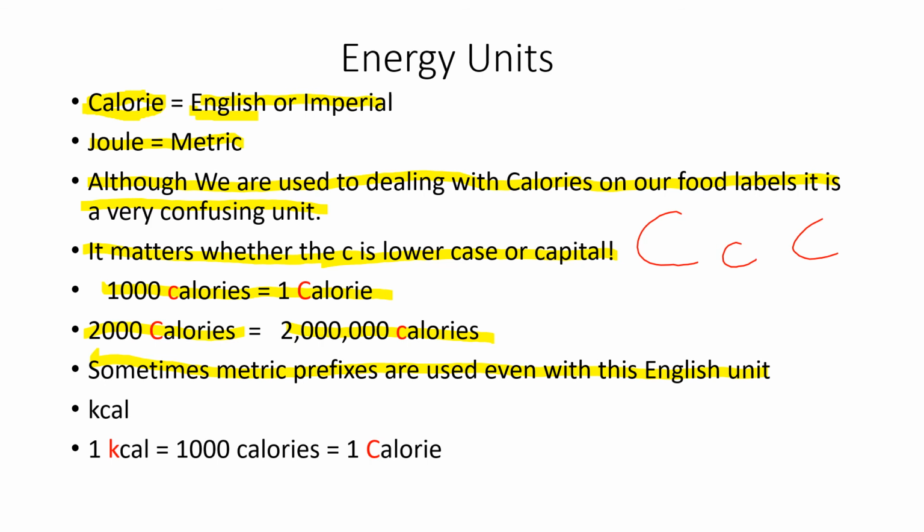The idea of a kcal, a kilocalorie. These are little c calories. So the same thing. 1 kcal is really 1,000 little c calories, which is the same as 1 big C calorie. So again, we're not going to do any conversions with this.